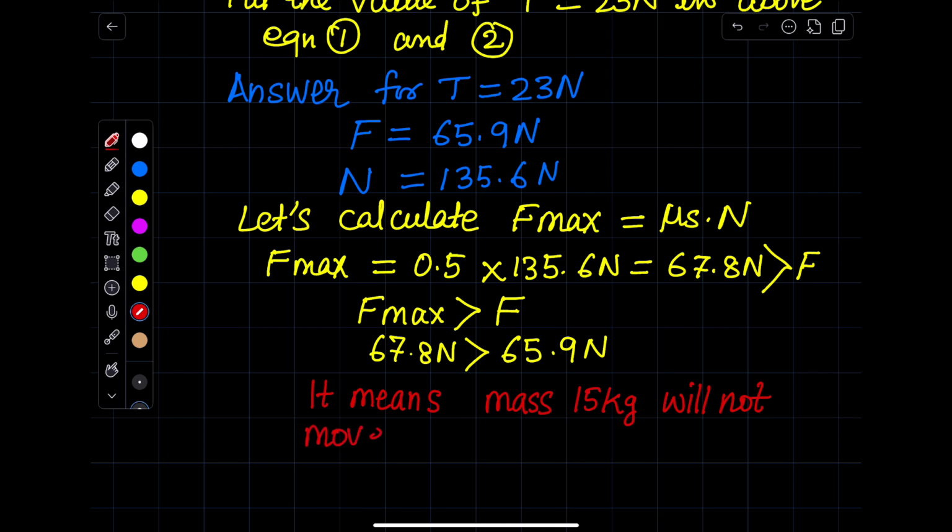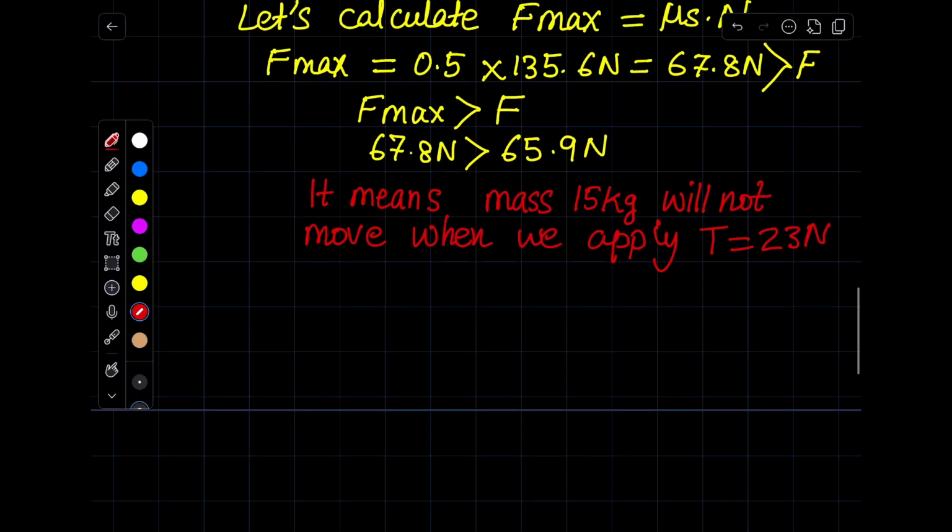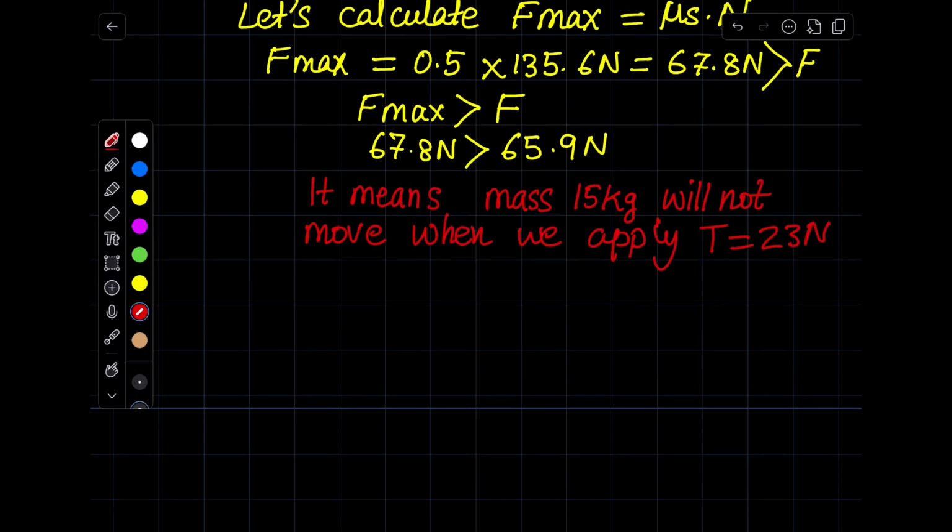And when this box is not moving, it means the acceleration of this box is 0 and the velocity of this box is 0. So from the first condition, we are sure that the box is not moving because the F max value is higher than the force we have calculated.